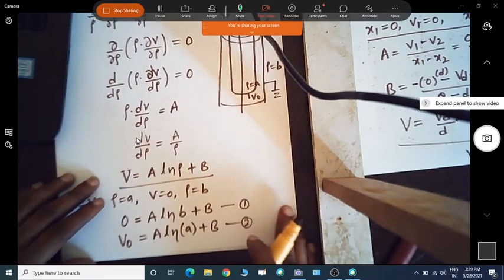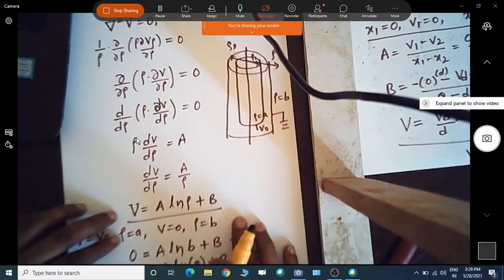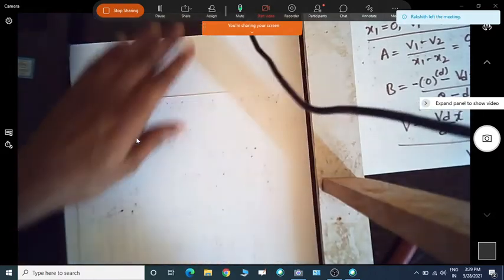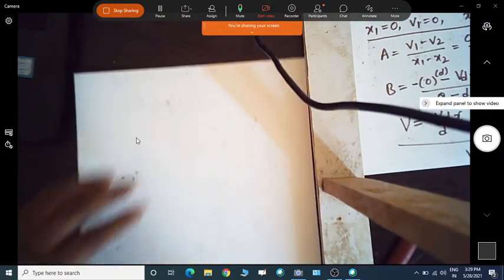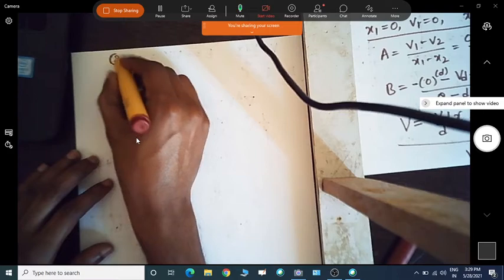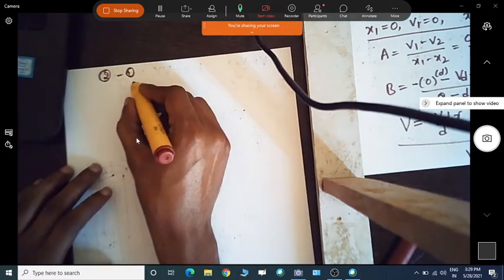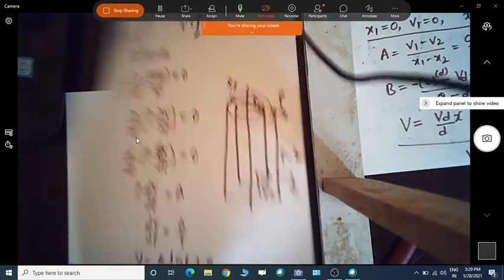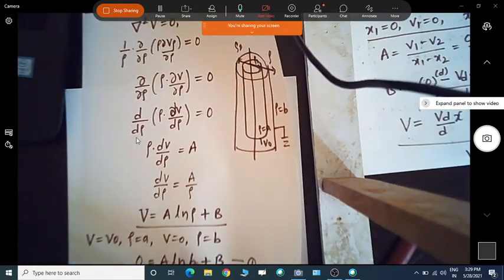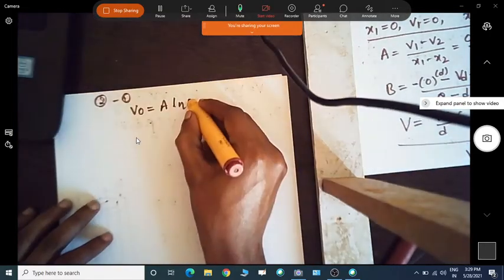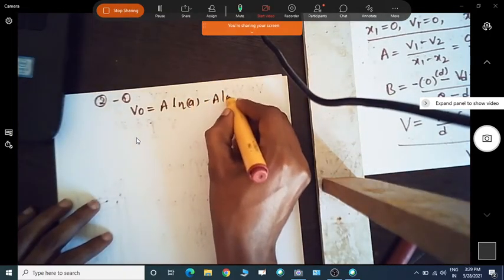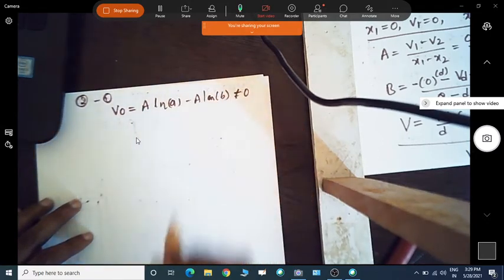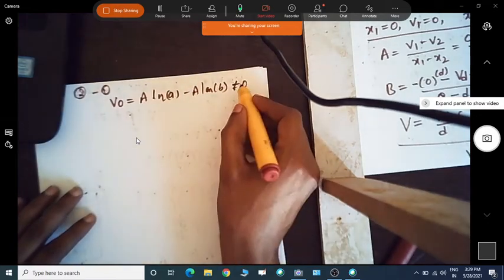So now let us take this one. If I take equation 2 minus 1, we are going to get V naught equal to A ln a minus A ln b, plus 0, because the B terms cancel each other.